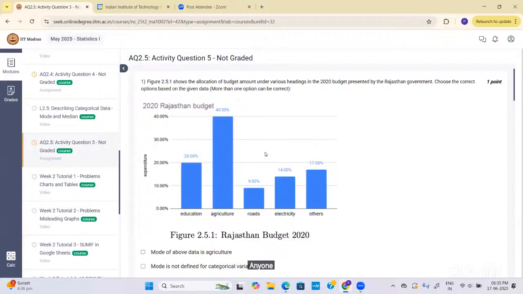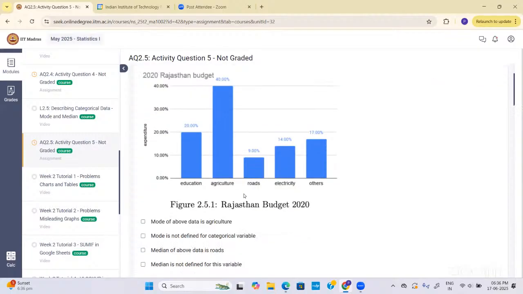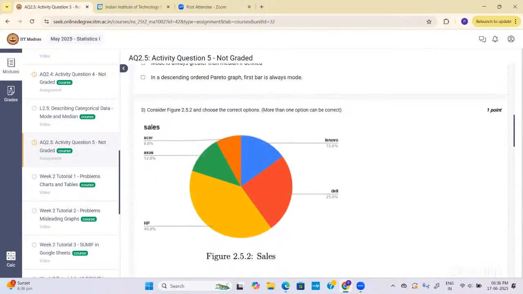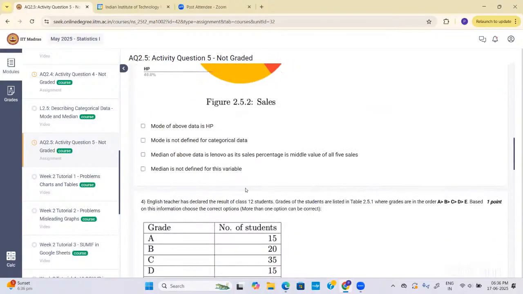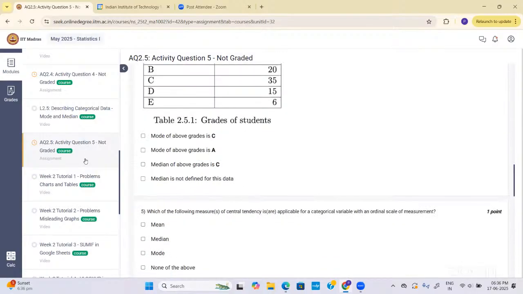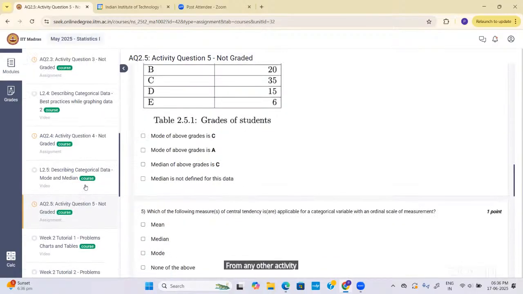Anyone else? Any other question? From any other activity or practice assignment?